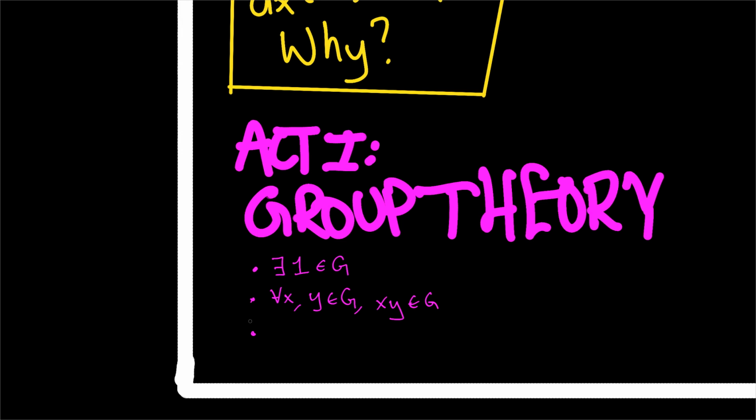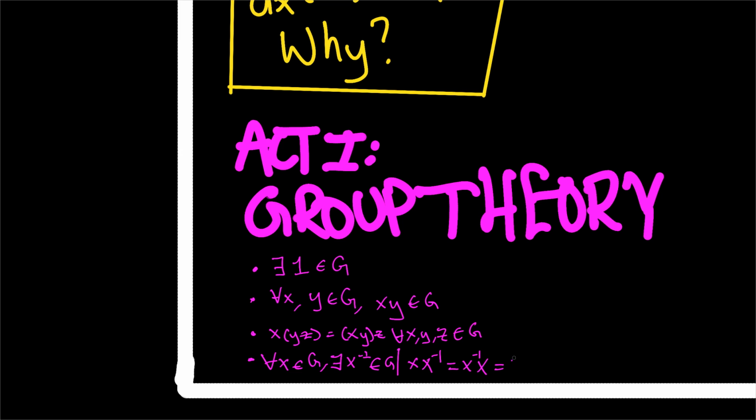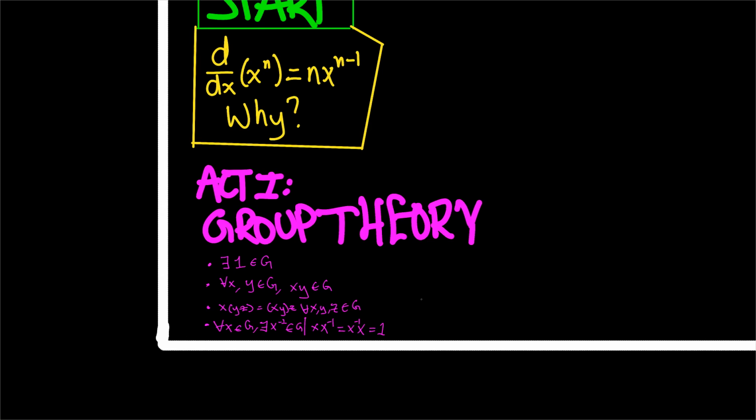So it's the closure property, the associativity property. For all x in G, there exists x inverse in G such that... To Act 1, which is group theory.